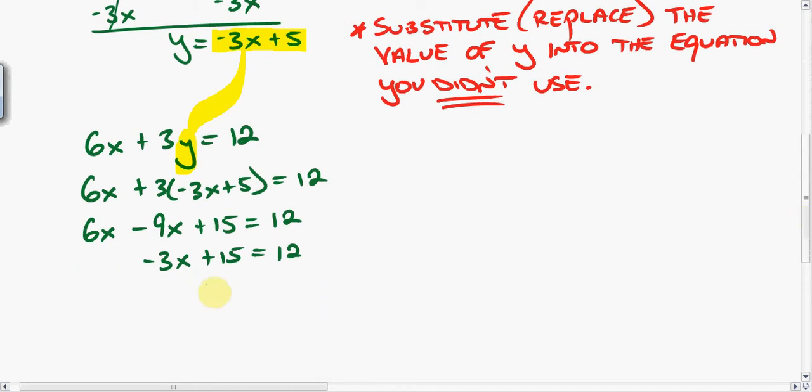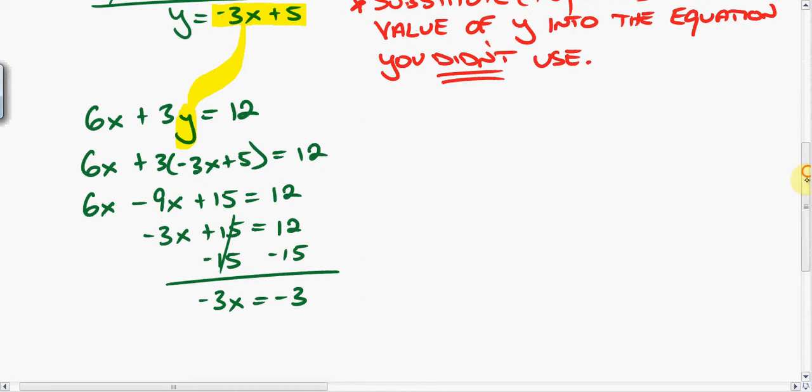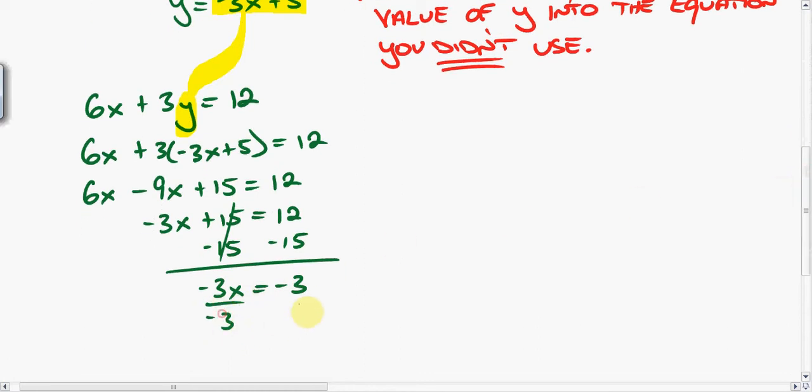Subtract 15 from each side and I get negative 3x equals negative 3. Divide by negative 3, x equals 1. So x equals 1.